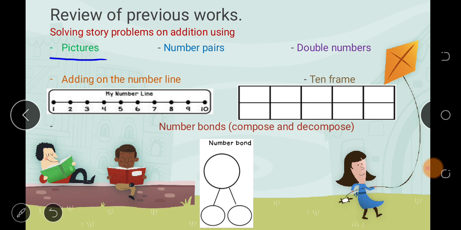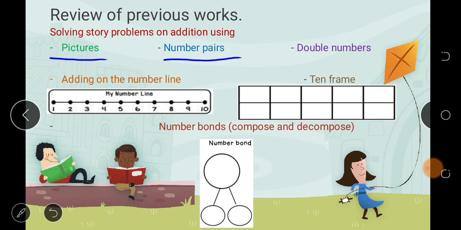We've also learned number pairs. Remember your number pairs that add up to 10. 1 plus 9 equals 10. 2 plus 8 equals 10. 3 plus 7 equals 10. 4 plus 6 equals 10.